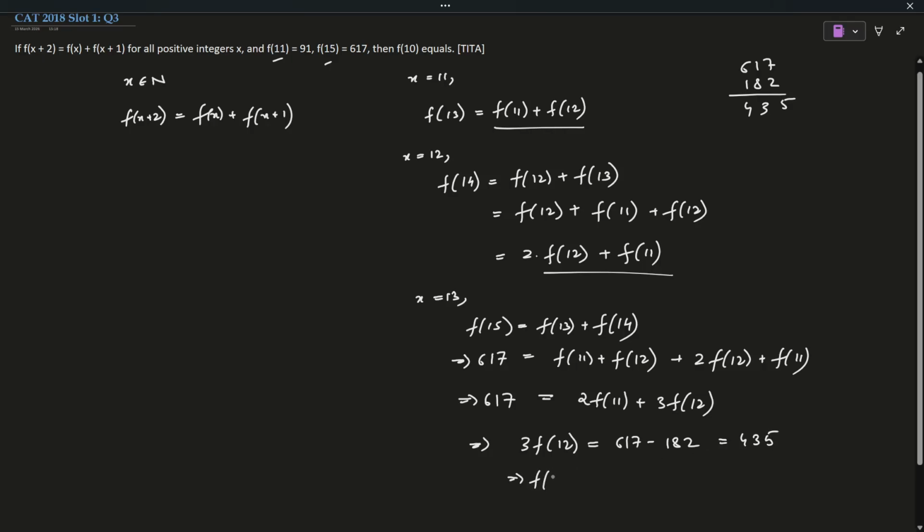So what is f of 12? I will get f of 12 from here. 145 is the value of f of 12.